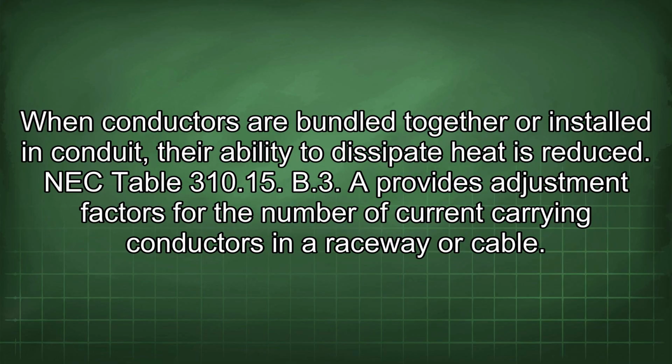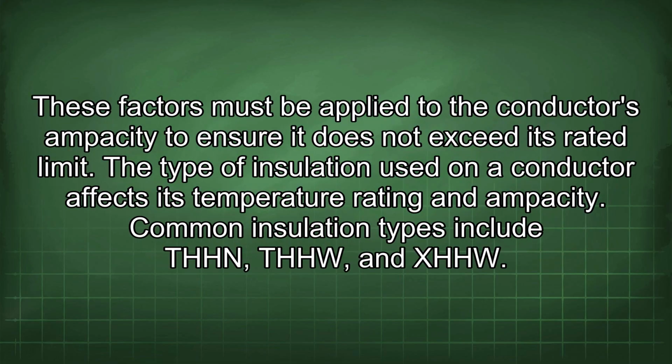When conductors are bundled together or installed in conduit, their ability to dissipate heat is reduced. NEC Table 310.15(B)(3) provides adjustment factors for the number of current-carrying conductors in a raceway or cable. These factors must be applied to the conductor's ampacity to ensure it does not exceed its rated limit.